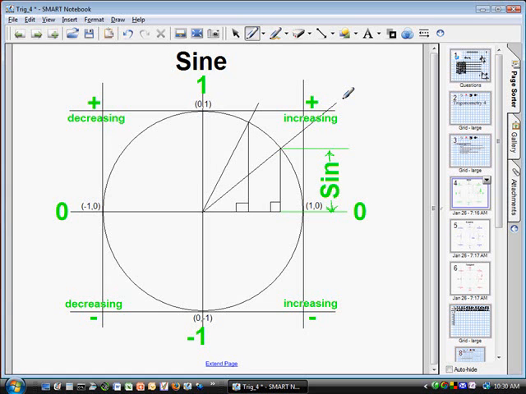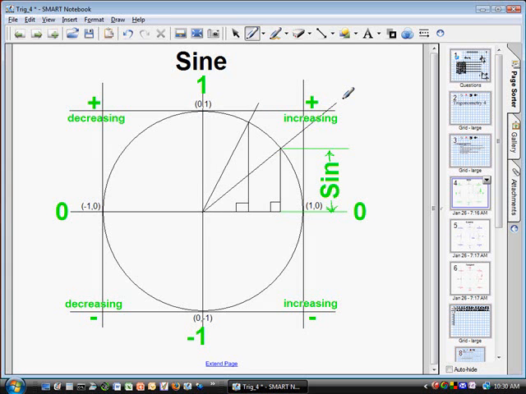Well, when something gets bigger negatively, it's still decreasing, right? And it gets all the way down to this full length below the x-axis of 1, so -1. So therefore the sine of 3 pi over 2 radians, or 270 degrees, is -1. Still negative over here, but now it's getting negatively tinier. So it's increasing. Comes back to 0, and you could keep rotating, and the same cycle keeps repeating over and over and over again.